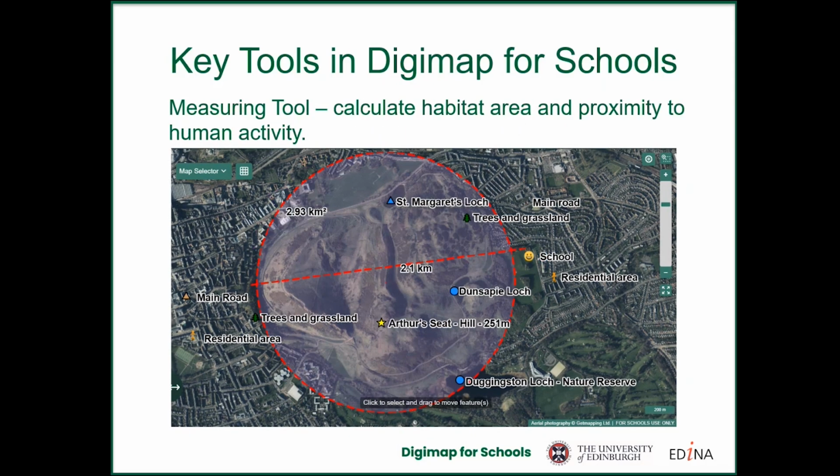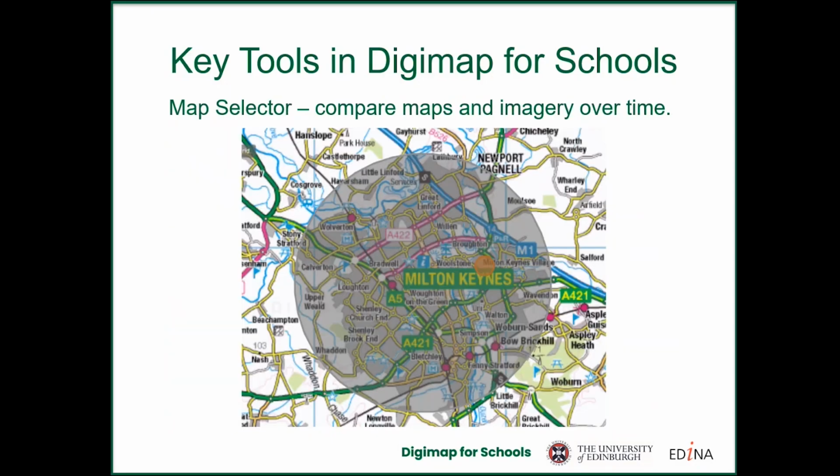The measuring tool is great for working out the size of a park or how close a pond is to nearby roads, for example. And finally, the map selector allows us to switch between modern and historical maps, perfect for discussing how land use and habitats have changed over time.